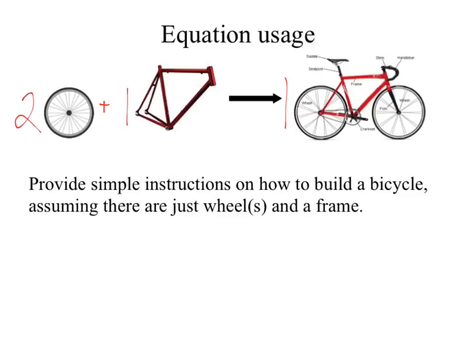Okay. The other thing that you need to be aware of is that when we look at that equation, that representation of how to build a bicycle, only one of you offered a suggestion, and I appreciate that. But within that suggestion, it was 2 wheels. Did you say anything about mass? No, why not?